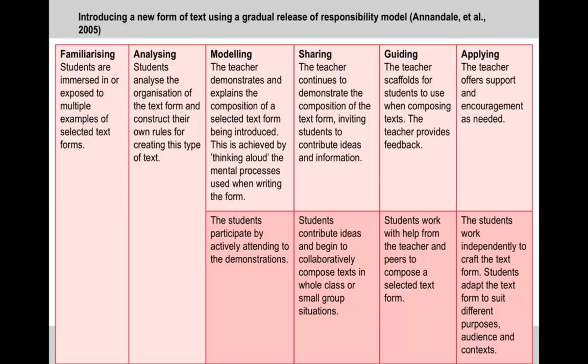The next stage is modeling, and this is where the explicit teaching comes in. The teacher is demonstrating and explaining the type of text, and basically thinking aloud about the mental processes of writing. So what are the things that someone writing this kind of text needs to think about?